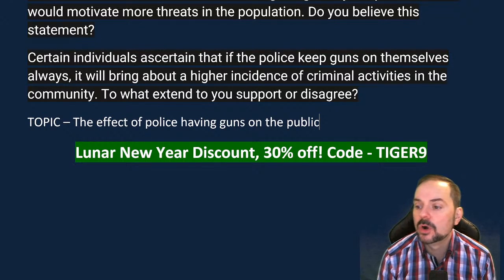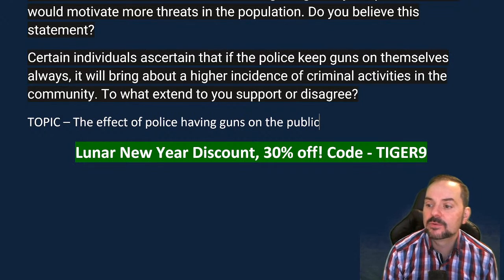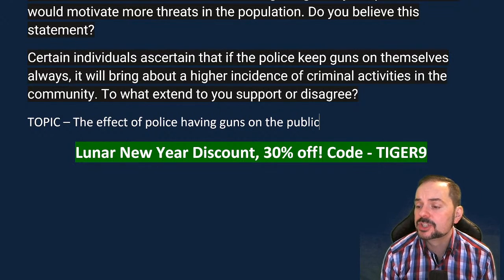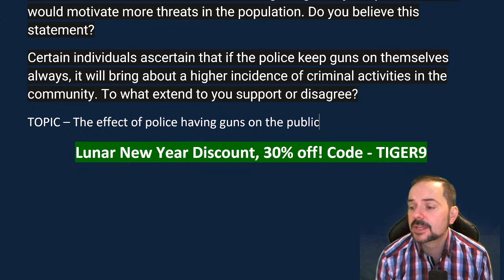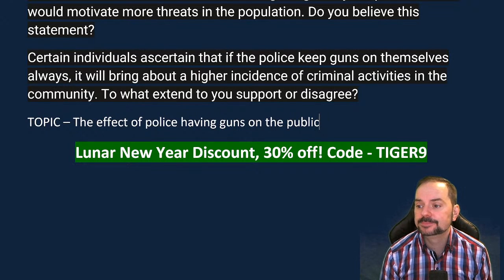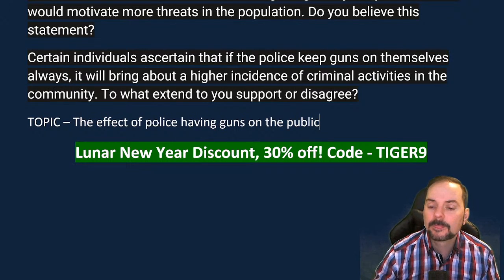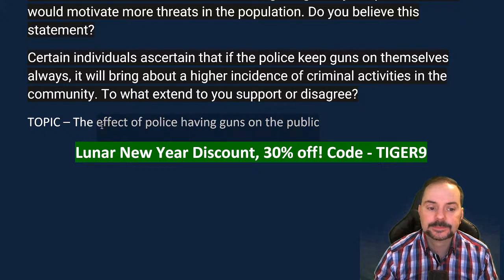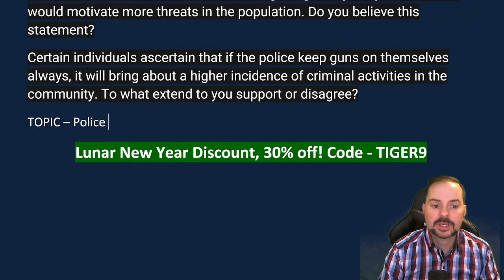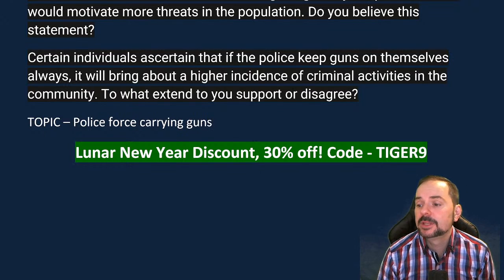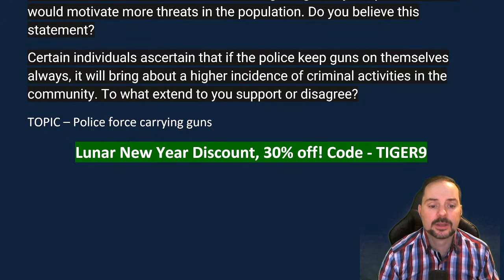Chandra says police force carrying guns. Yeah, Chandra, I think that's correct. Police force carrying guns. Most simply, you're right, Chandra. That's exactly what we're talking about.